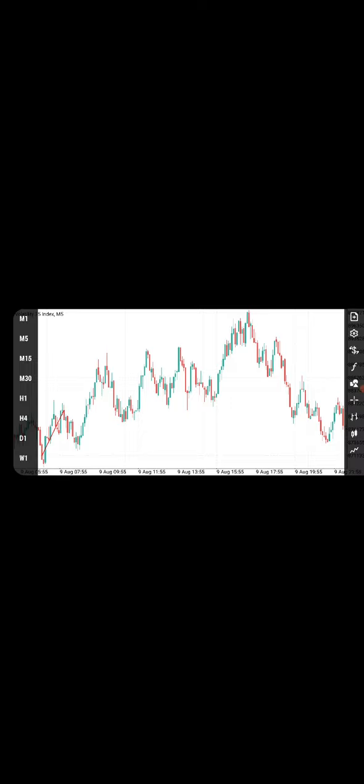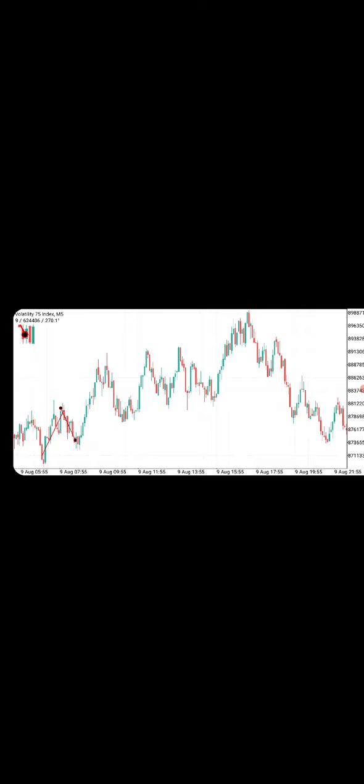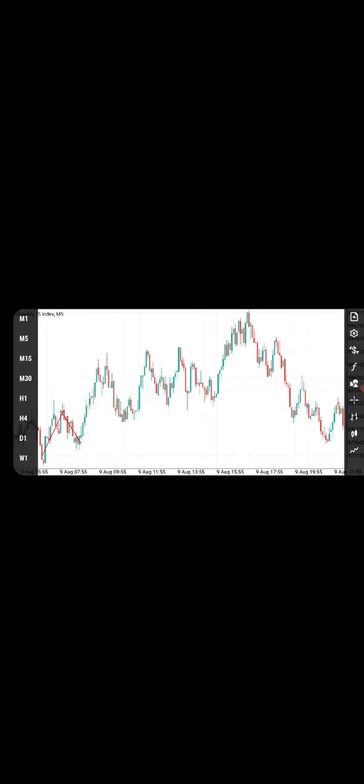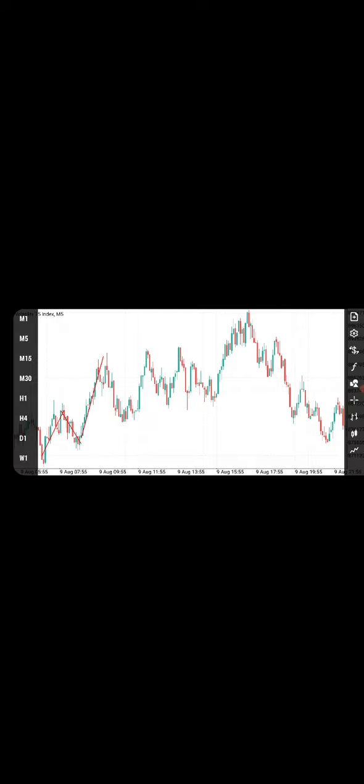This is an uptrend because the market is making a higher high and a higher low. And we see a market making a series of higher highs and higher lows. We say that the market is in an uptrend.